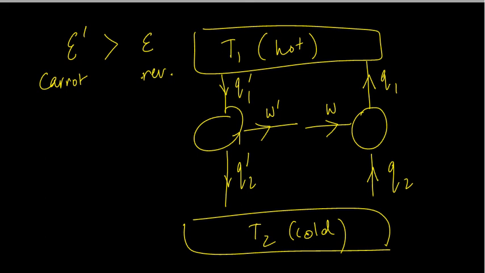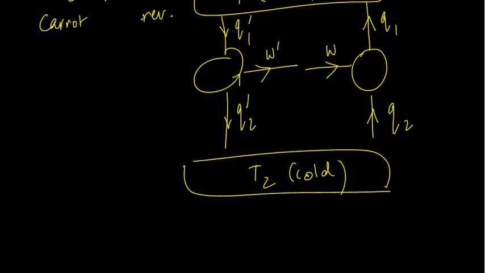And that work can come from there, which means that I don't have to do any additional work. I can pump heat from a cold reservoir to a hot reservoir. So let's show you more mathematically.